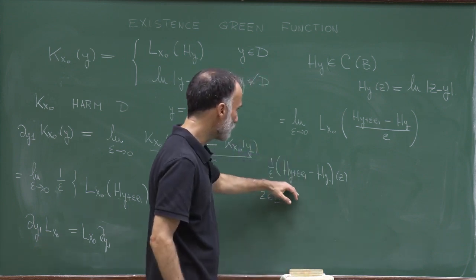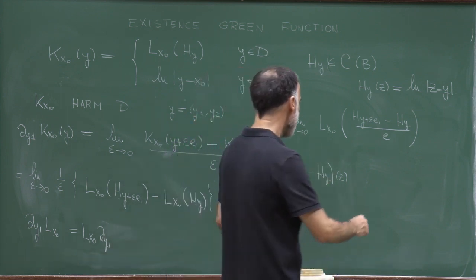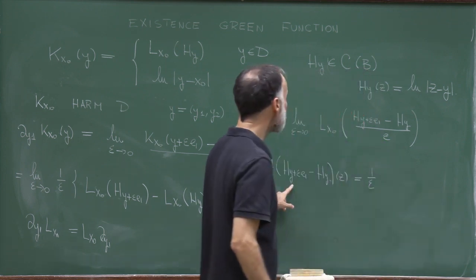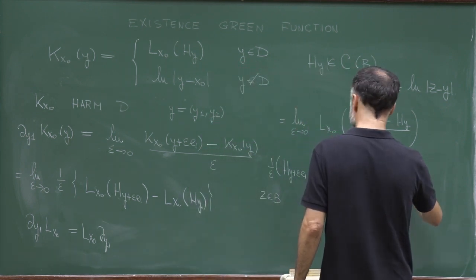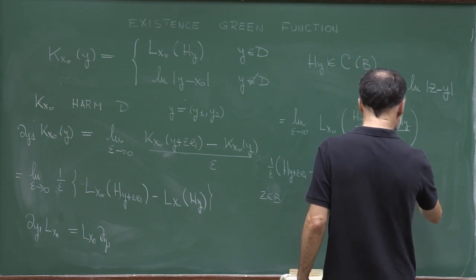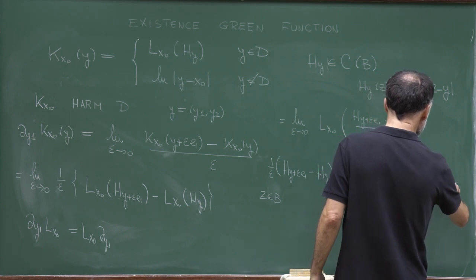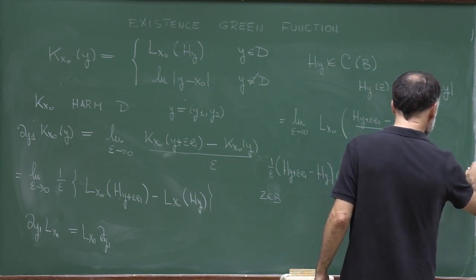And we want to show that this convergence is uniform at the boundary. Well, by definition of hy, this is the logarithm of (y plus epsilon e1 minus z) minus log of (y minus z).